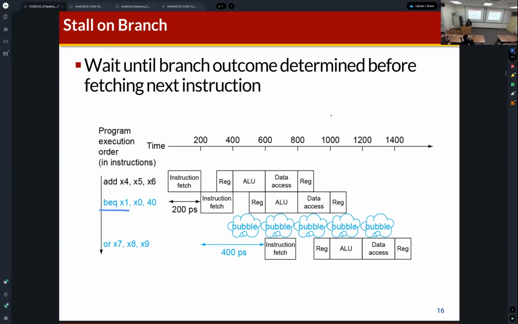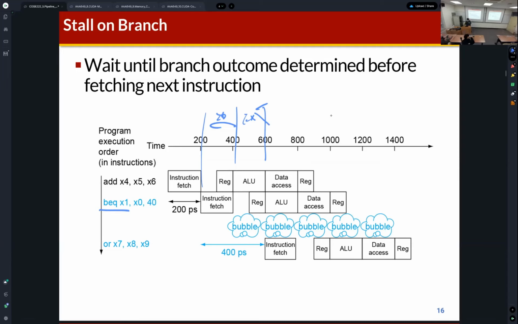Because during the ID stage, the BEQ reads operands from the register file, and then during the EX stage, BEQ calculates the target program counter. And then the behavior is diverse.